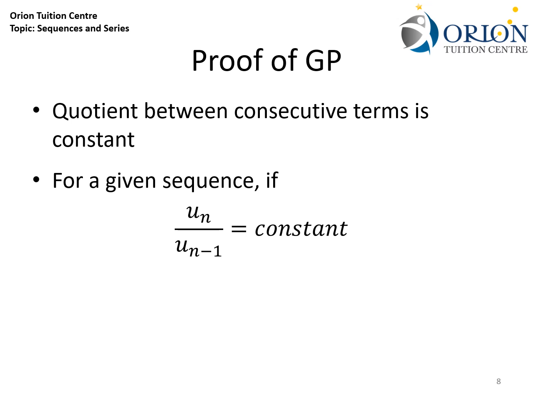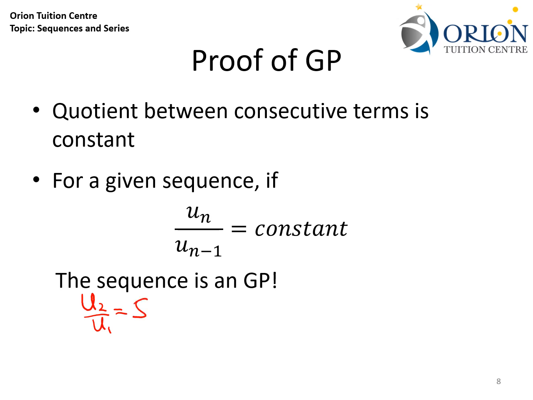If this ratio is a constant, then the given sequence is a GP. Note that we cannot take the ratio between specific consecutive terms. For example, we cannot find that u2 over u1 equals 5, and u3 over u2 equals 5, and conclude that it is a GP.